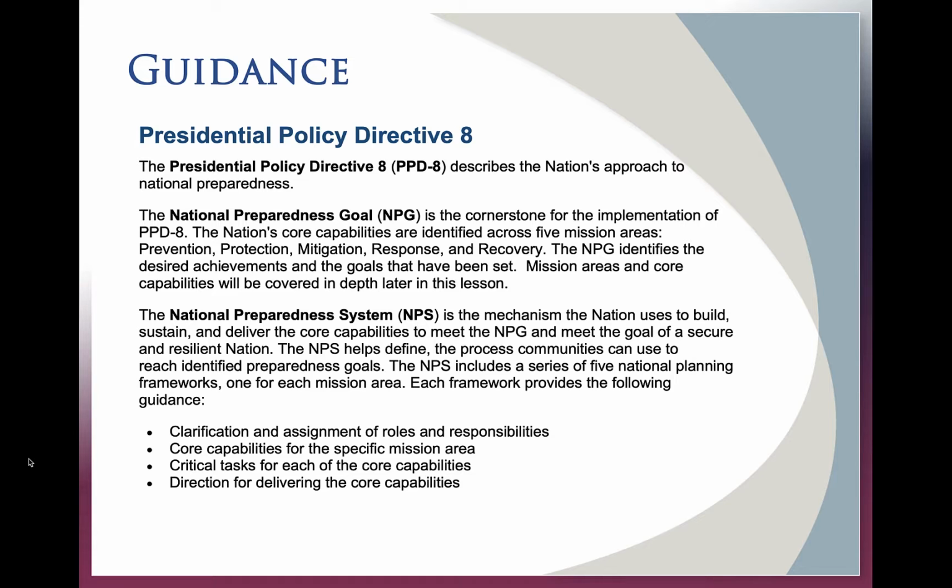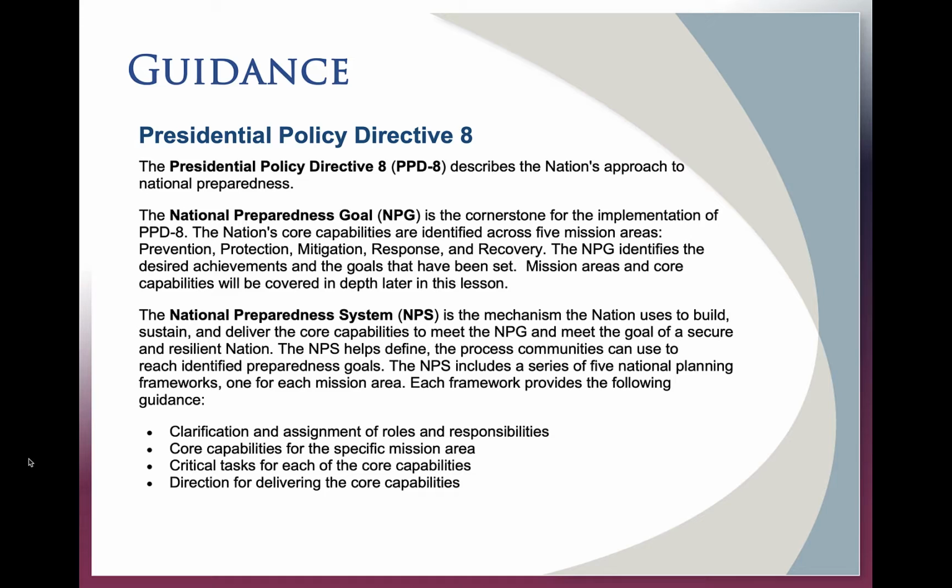So there are 5 mission areas across our capabilities. And these 5 mission areas are prevention, protection, mitigation, response, and recovery. So the national preparedness goals fall within those 5 mission areas.